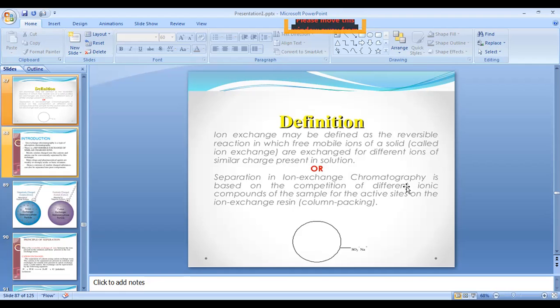A cation will be exchanged by another cation, so that exchange is known as cation exchange. If one anion is exchanged by another anion, then we say that reaction is anion exchange. So this exchange reaction takes place, and when the first ion is exchanged with the second, competition arises between those two for the active sites on the ion exchange resin.